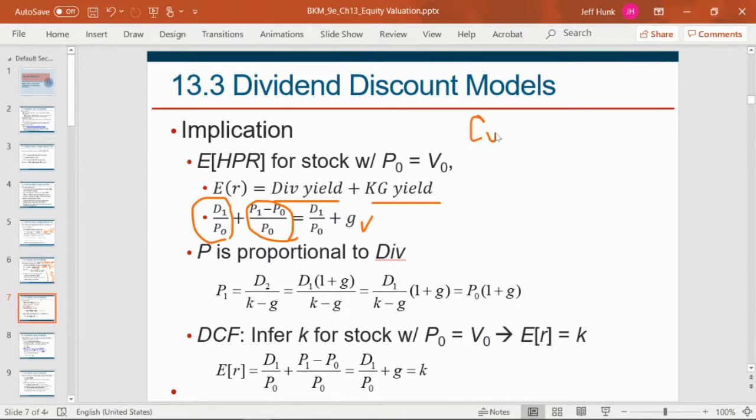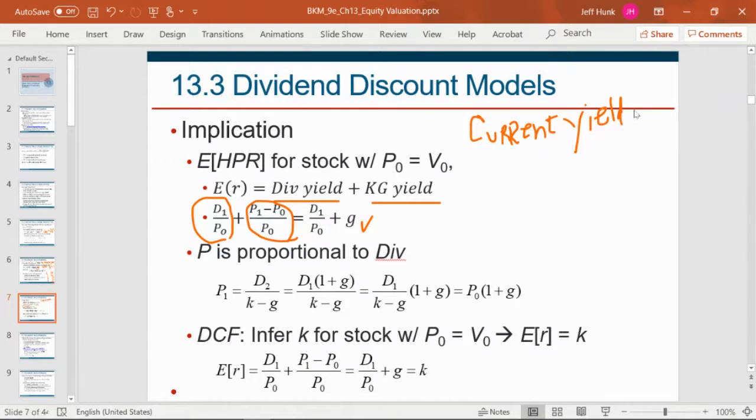What is current yield? Anybody? Current yield is short-term bond yield, right? This is a bond terminology. Yield to maturity is a long-term yield. Current yield is short-term yield. And how do you calculate current yield?